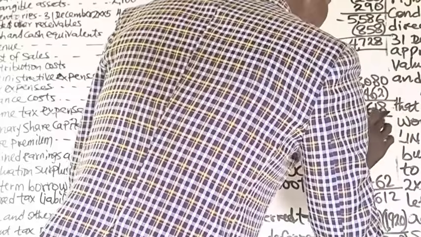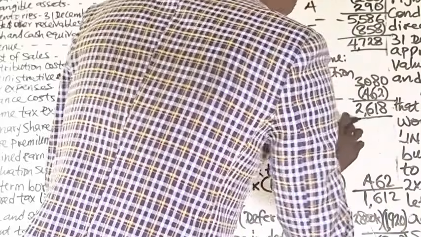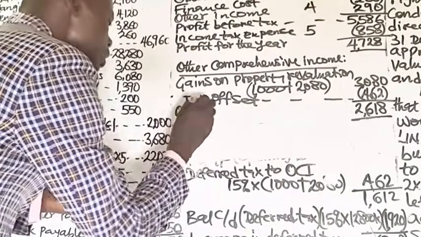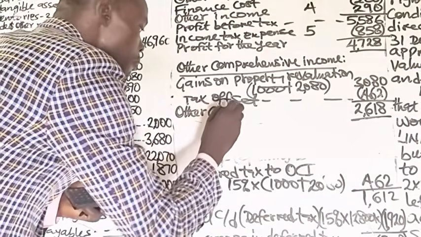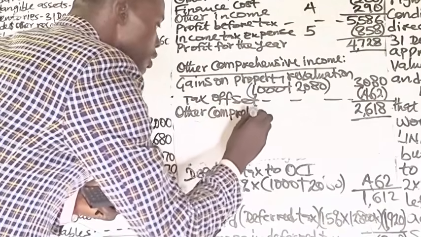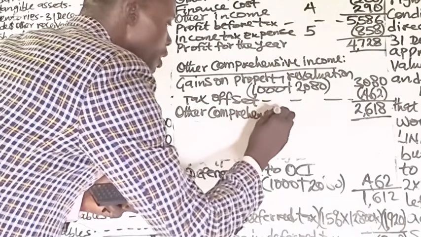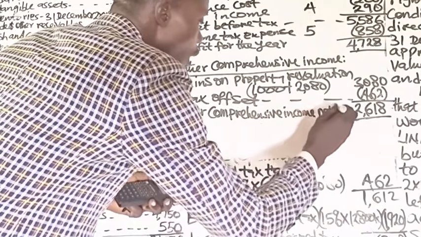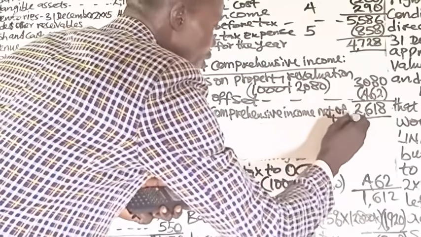That is other comprehensive income net of tax.